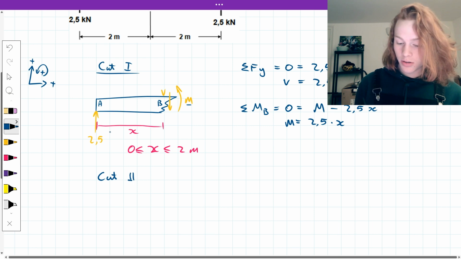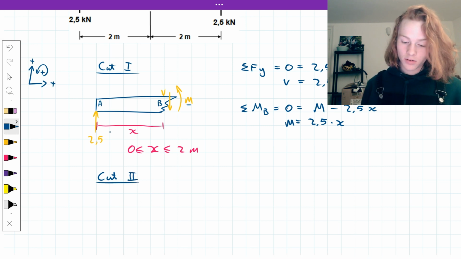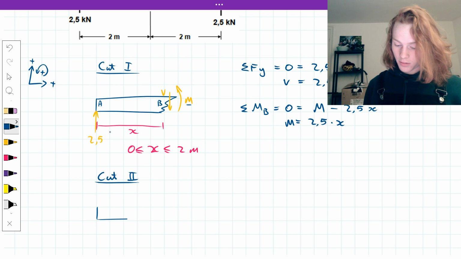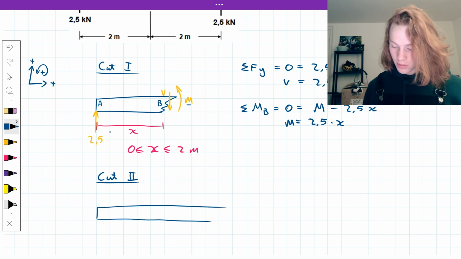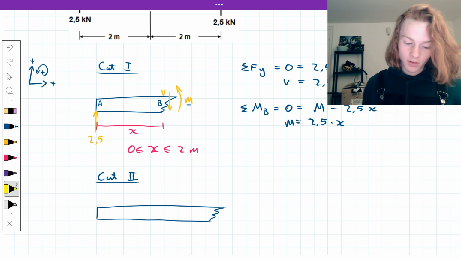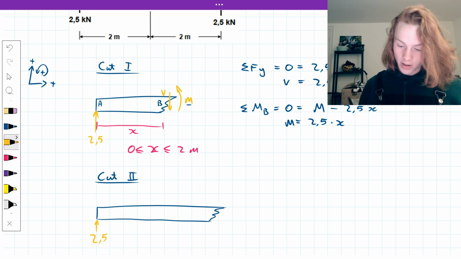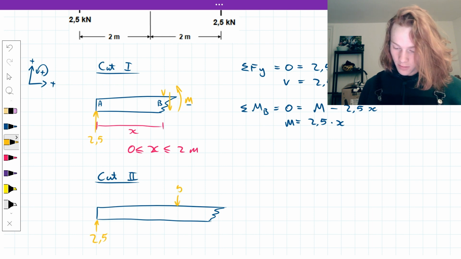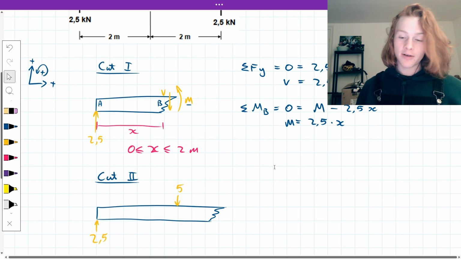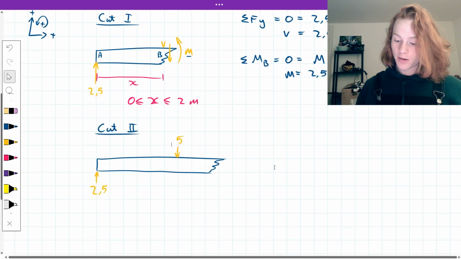Cut 2. The diagram now looks something like this. We can include the 2.5 and the 5, which we have on our diagram up here.